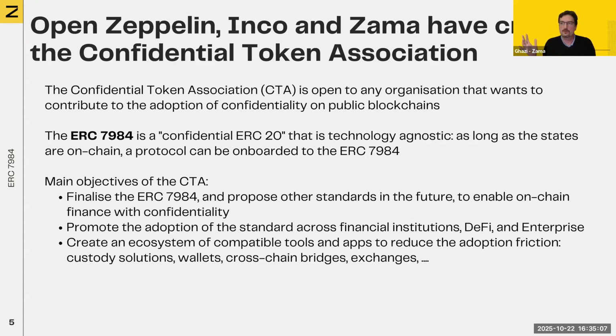Are you compatible with Taurus? If you're not, you may not even get to the POC stage. Right? And same thing with DeFi, same thing with exchanges. All of them have certain expectations. And so if you're already meeting these first expectations, you have a higher chance of moving to demonstrate that the technology can fulfill their needs.